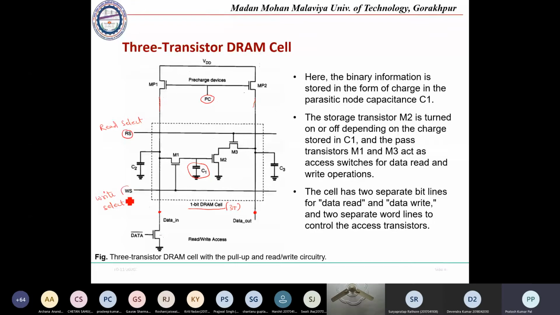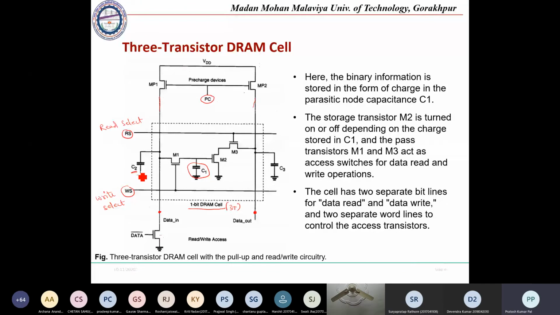Similarly, if we are going to write some data to this parasitic capacitor, we will be using this write select. And similar to the SRAM structure, these bit lines, or you can say data lines, data in and data out, will be having some capacitance. These capacitors are C2 and C3.